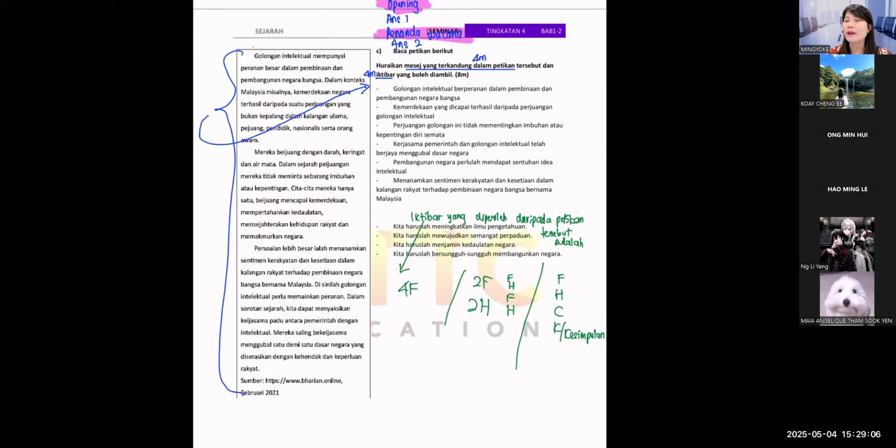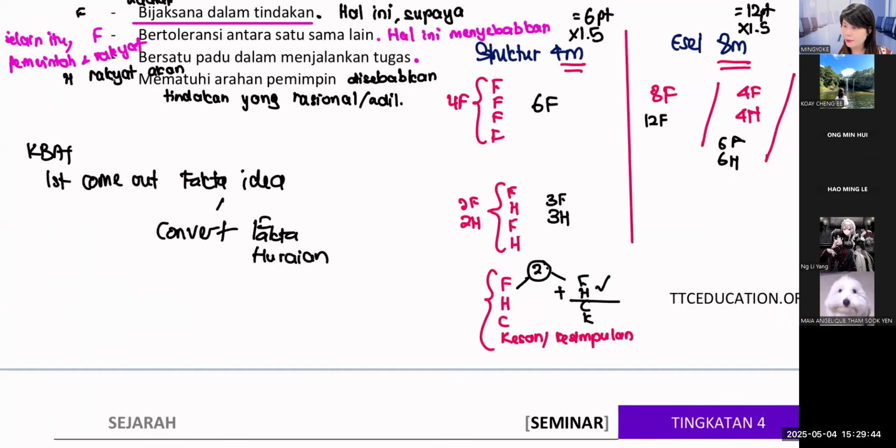SPM all fakta also correct one. Okay, so this is our petikan. Faham tak? So for the first part, take from passage and add penanda wacana. Second part, you follow your common K-bar answering technique. Okay? Now, you already know how to do the K-bars, structure, essay, objective. It is time we go back to our notes. We go back to our chapter 2, guys.